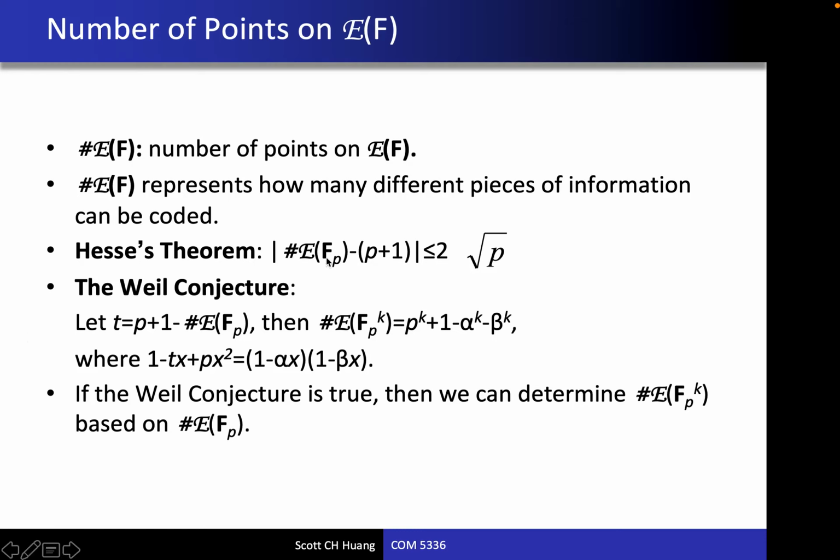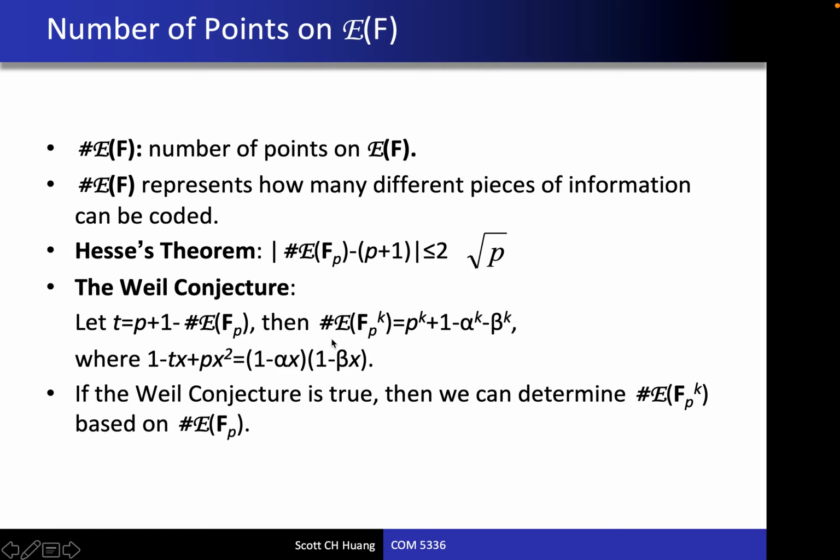Hasse's theorem gives this formula. I list these formulas just for the sake of completeness. Most likely you will never use this in your life. And there is also a conjecture regarding the number of points.